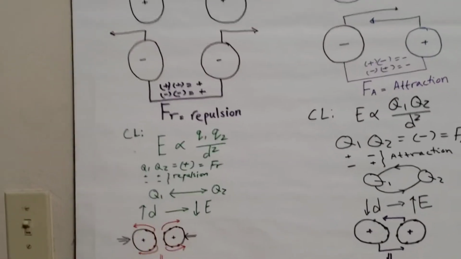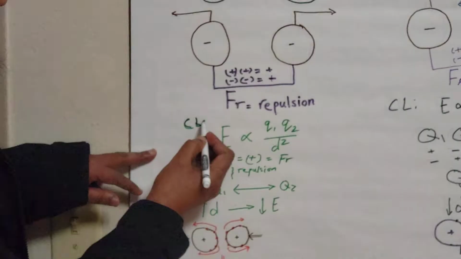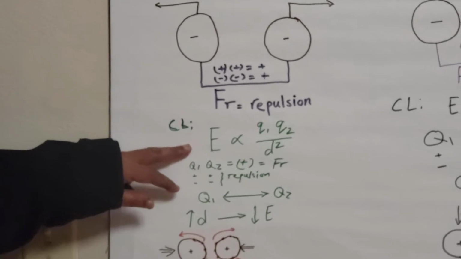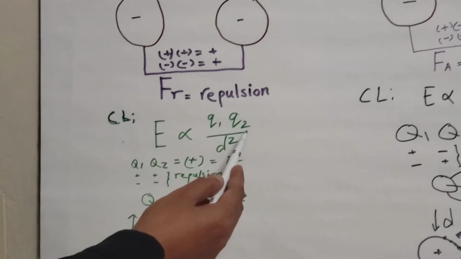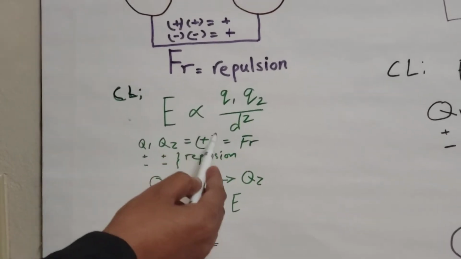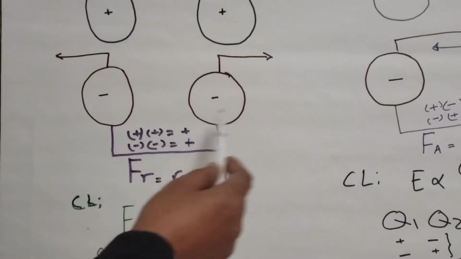Now look at Coulomb's law. In Coulomb's law, we know E is proportional to Q1 Q2 divided by D squared, where D is the distance between the charges.